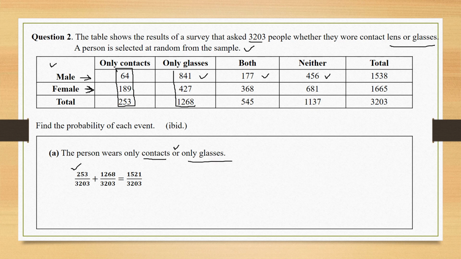The total number of students who wear only glasses is 1268. Just add both fractions and we will get the answer. No number is common between the two, so that is the only answer.